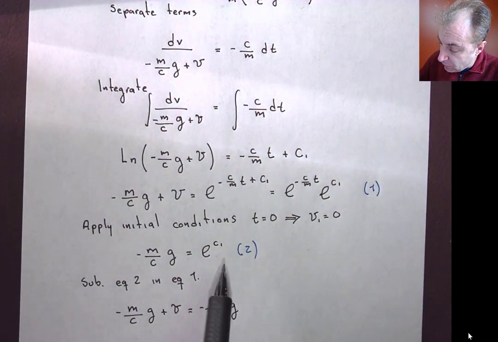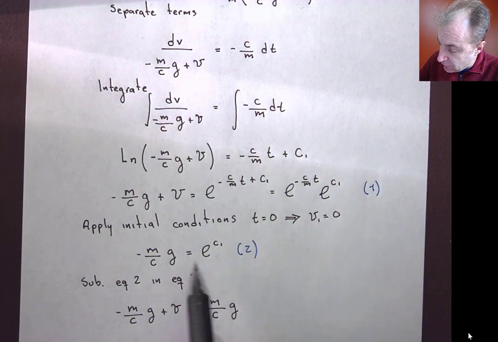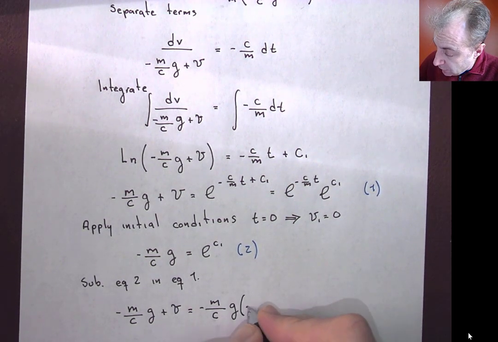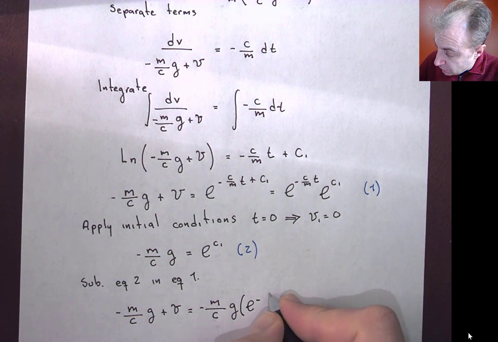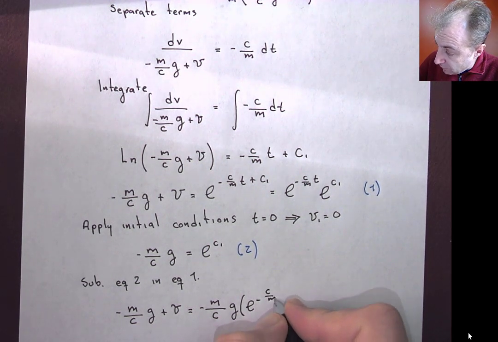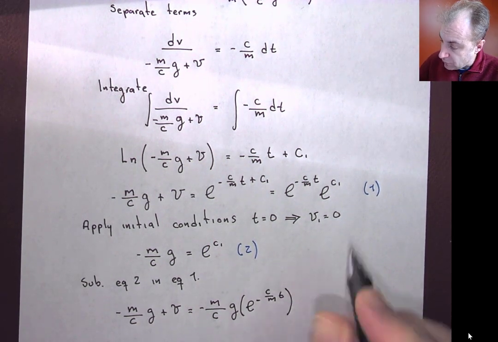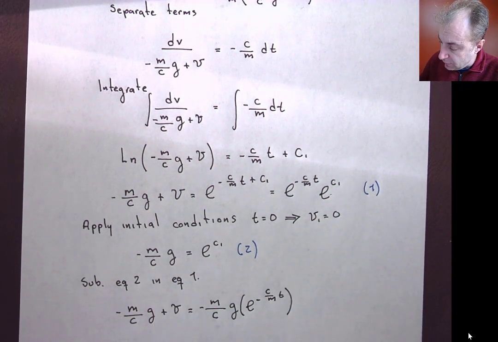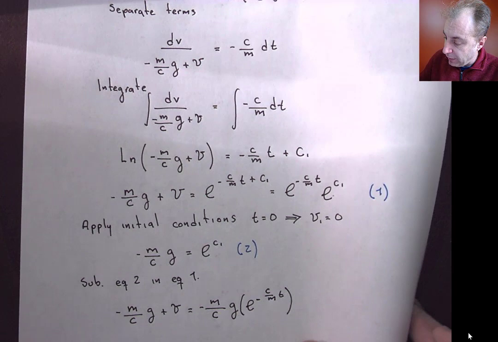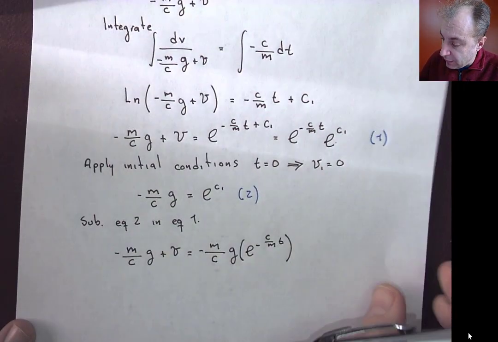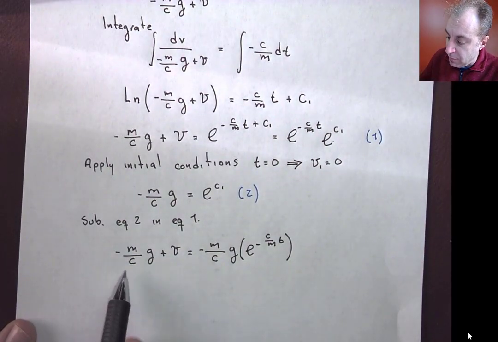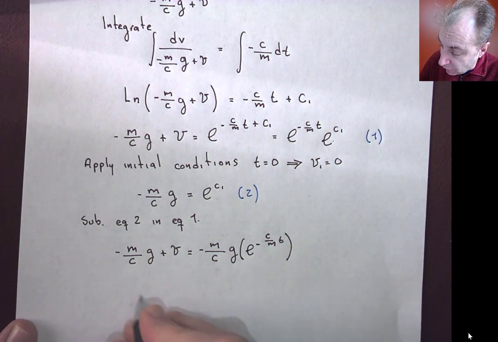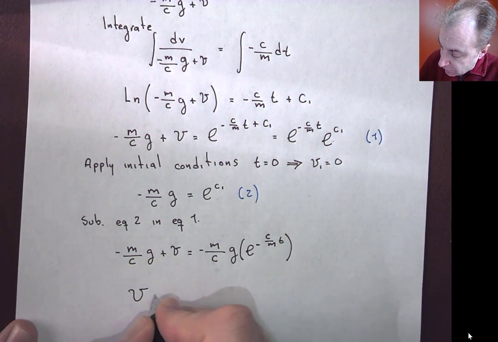So we're substituting equation 1, so e times e to the minus c over m t. Okay, so we just substituted that, and that is what we get here. So now we can factorize m over c g, which is on both ends, and we can solve for the velocity.